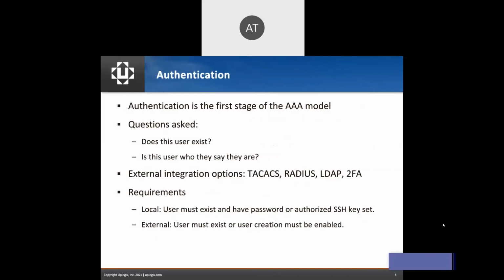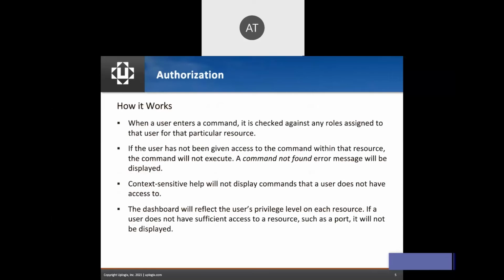Yeah, so authentication, that's step one, right? That's user login. It's simple. We go back to TACACS: does this user exist, and is the credential that they presented correct, right? You guys are using TACACS, but we can go to most of your common authentication servers. When a user logs into an Uplogix resource, we check that user against their permissions.